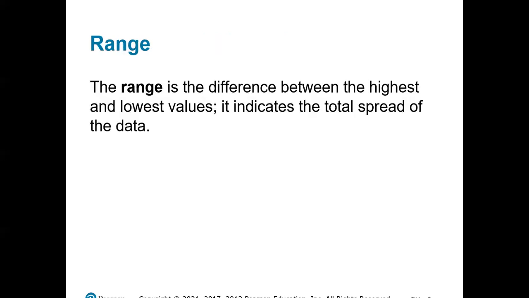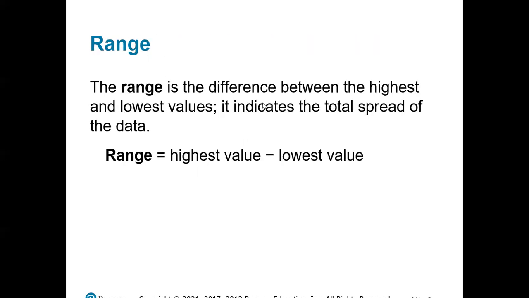So what is the range? Simply, like I said, it is just the highest value minus the lowest value. If you are collecting ages, take the age of the oldest person minus the age of the youngest person, and there you have the range. It gives you an idea about the variability or the spread of the data.